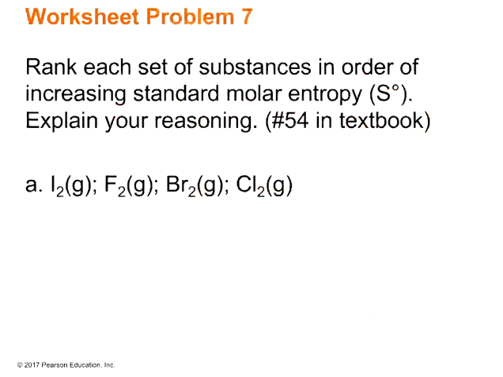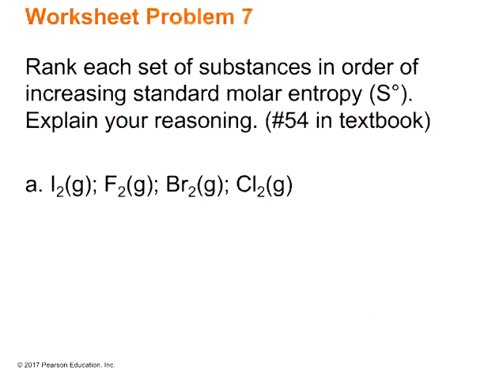Should we consider molar mass? Should we consider the states? So we have everything in the same state. They're all gases, so we won't consider that. In terms of molecular complexity, they're all diatomic molecules, so that's kind of out the window.